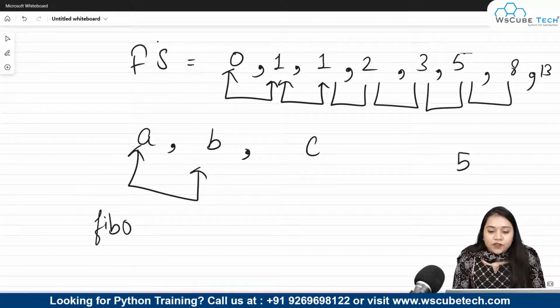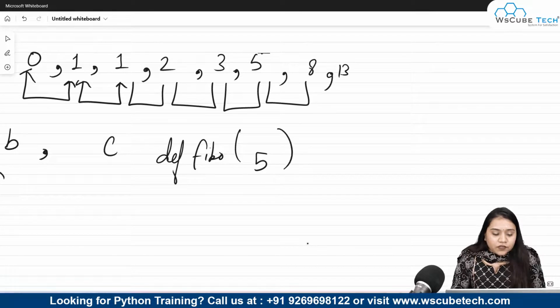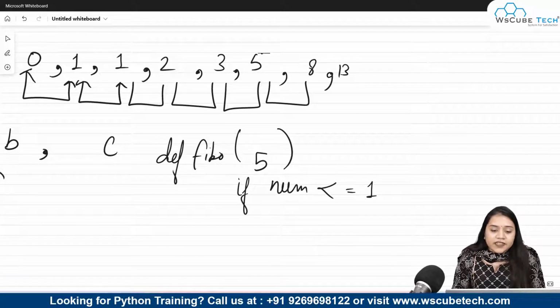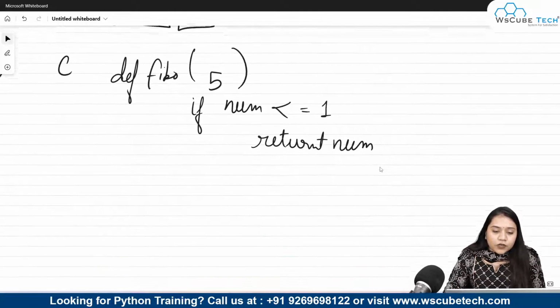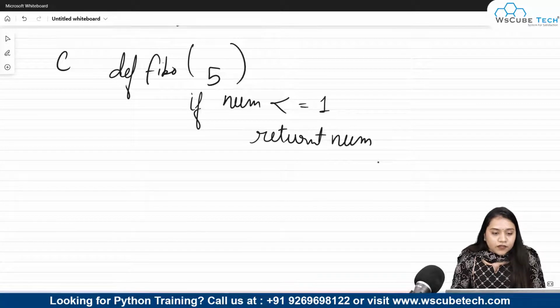Okay, so if I create a function called def Fibo, and here I'll write 5. So what do we need to do? Inside this we will return the value. One more thing: the Fibonacci sequence of any number that is 0 or 1 is the number itself. So if I write a condition that if our number is smaller than or equal to 1, in that case we'll return the number as well. If it is not less than or equal to 1, in that condition what will we return?